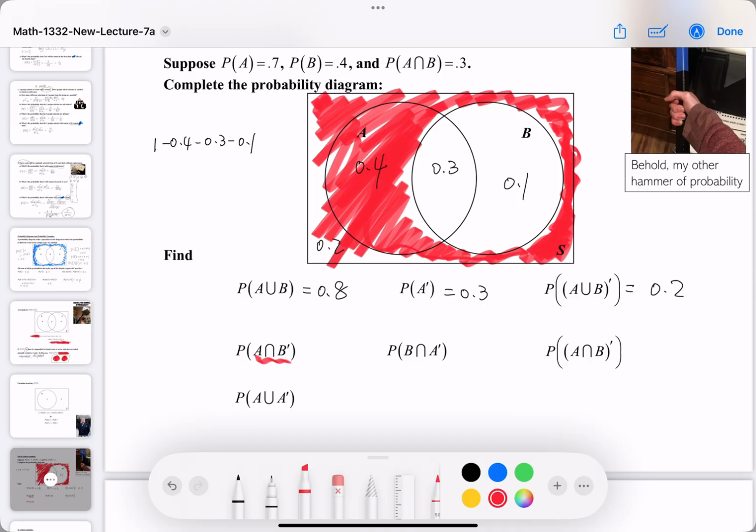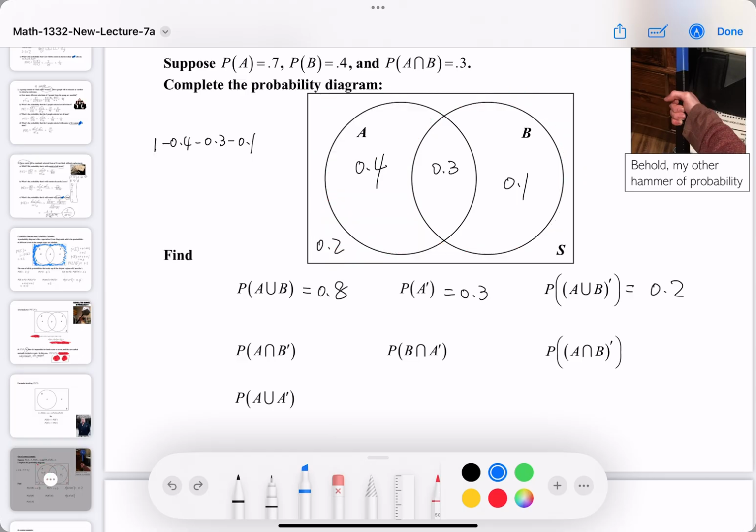What is the intersection? The intersection of this with A. So let's highlight the A, which area I graphed twice, or we have an overlapped intersect area. Everybody can see it clearly. Okay, I'm going to highlight that area only. So it is 0.4. So I'm going to put 0.4 here.